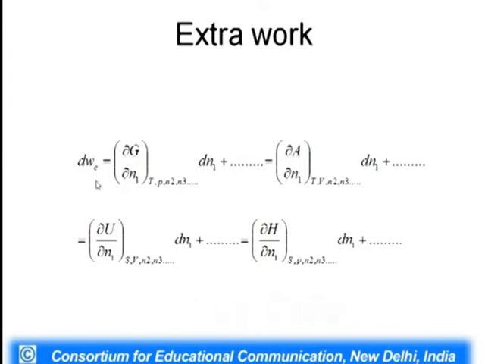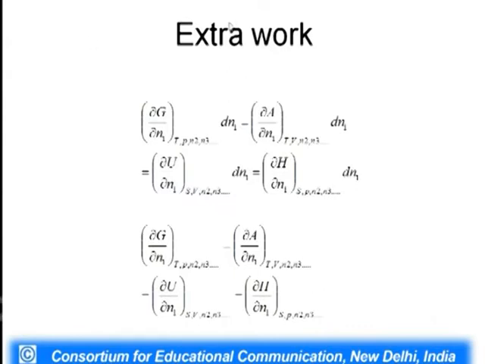So, we can simply write dW extra is equal to del G by del N1 at constant temperature, pressure and composition of other components times dN1 plus so on, is equal to del A by del N1 at constant T, V, N2, N3 times dN1 plus so on, and similarly we can also write the partial molar quantities of U and of H. So, you see these 4 terms are equal to dWe.